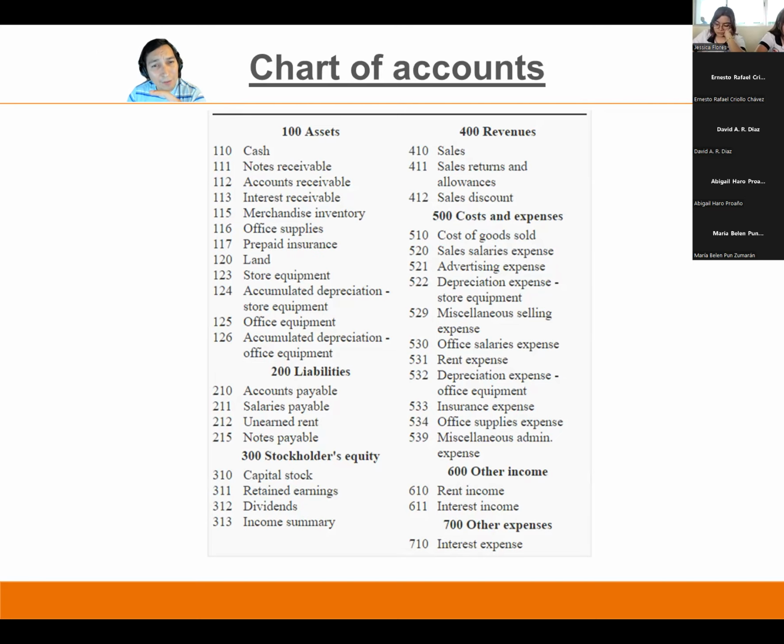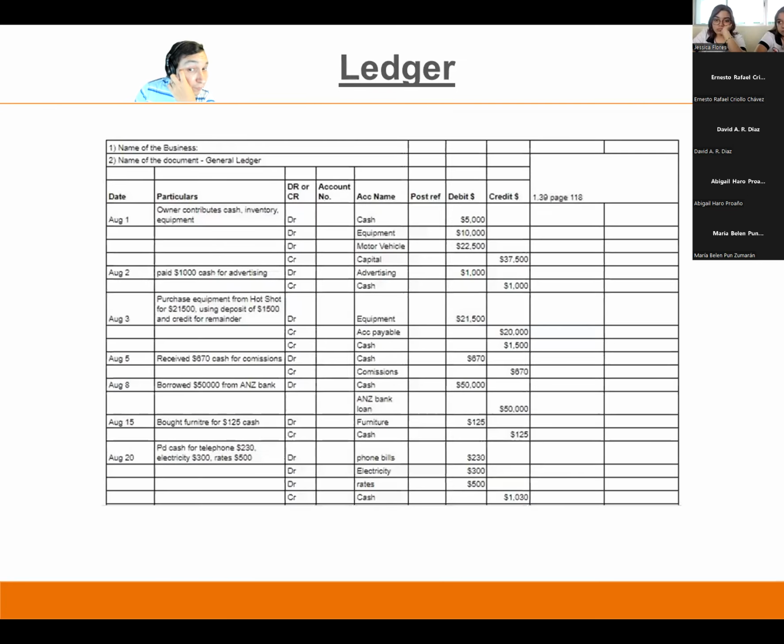And this chart of accounts is the first thing that an accountancy system will request from you. Please provide to me your chart of accounts. Even the IRS requests this from you. What we will start doing is accounting exercises so you know how to differentiate your financial transactions.